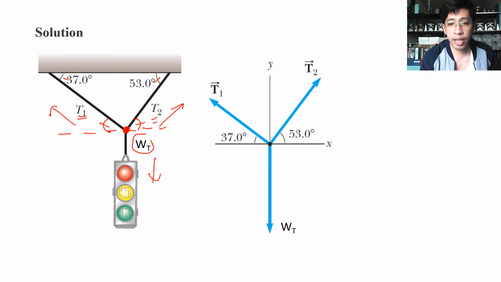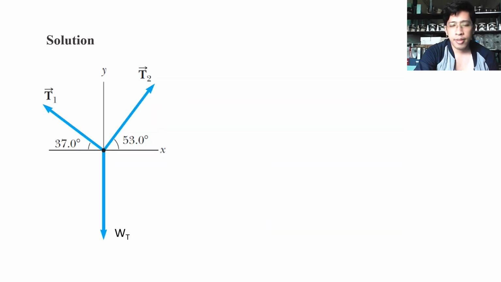The next step here is to write your equations of motion for your body. But before actually going into writing our equations of motion, let us first resolve your forces into its x and y components, since we have two forces that are projected at some angles.